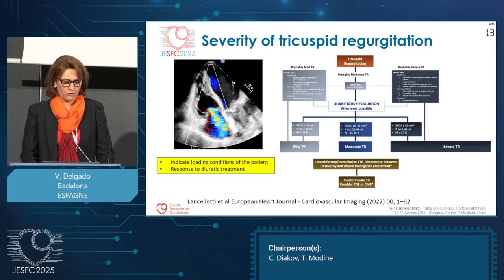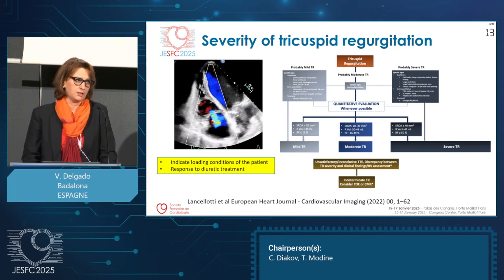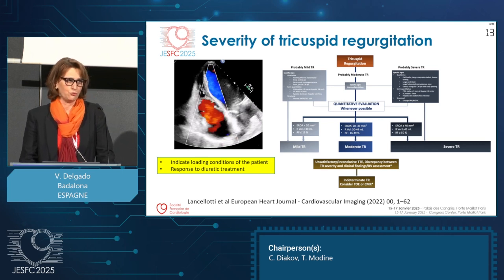So how are we going to assess the severity of tricuspid regurgitation? This is the algorithm that the European Association of Cardiovascular Imaging recommends. Many people now, because we also have trials, try to quantify.